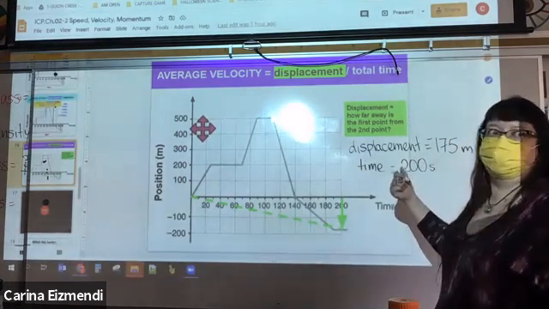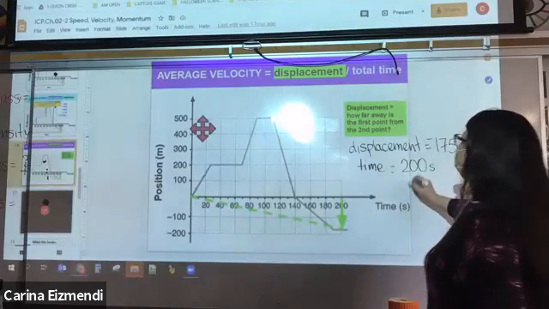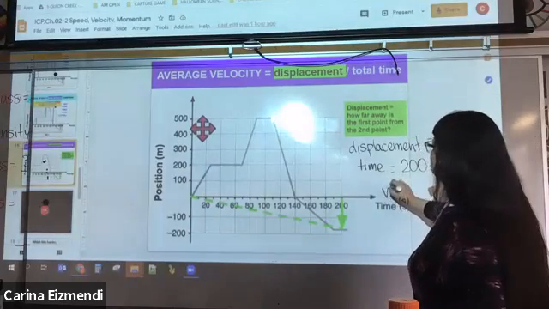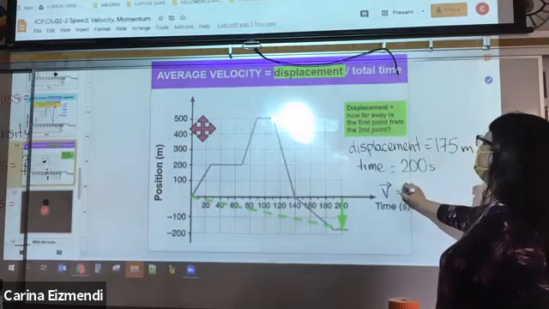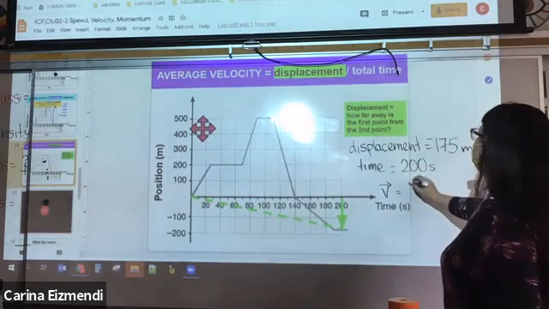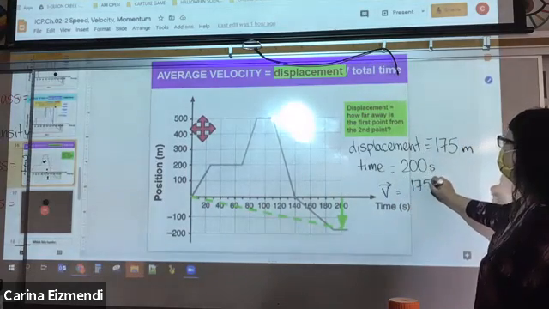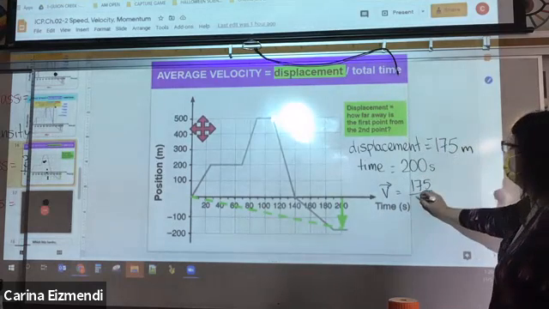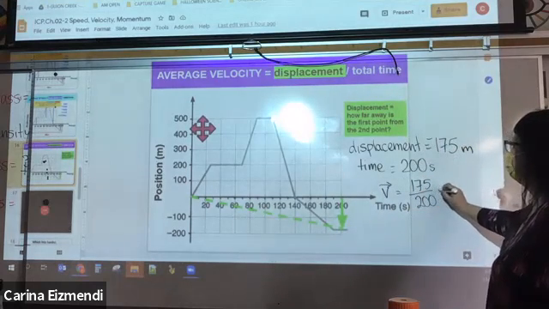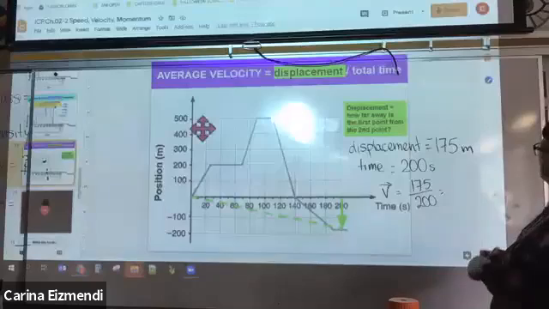So then your average velocity, I'll put v with the arrow, is going to be displacement 175 divided by total time 200. What is it?